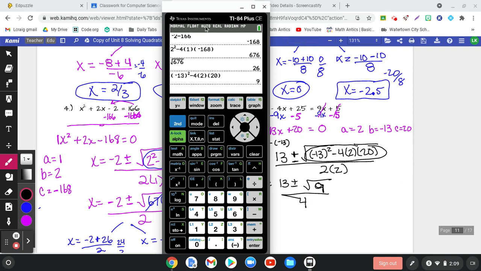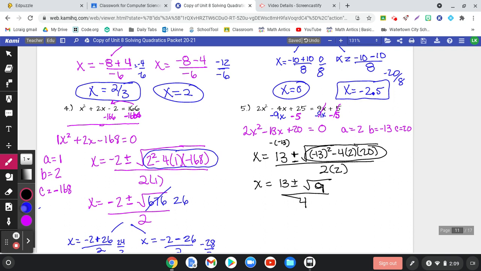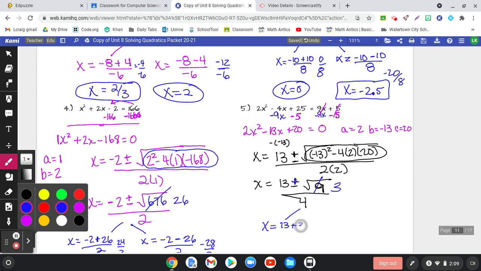That looks a lot nicer. The square root of 9 is 3. Nice whole number still. So one of your roots is going to be 13 plus 3 over 4. The other one's going to be 13 minus 3 over 4.